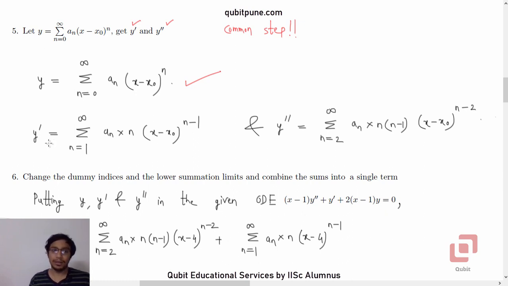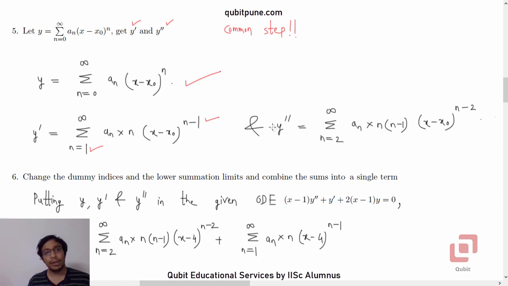apply the term by term differentiation. So y prime will be summation as n runs from 1 to infinity. It won't be 0 now because a naught is 0. The derivative of a naught is 0, so it will be summation n running from 1 to infinity a n into x minus x naught to the power n minus 1, term by term differentiation.